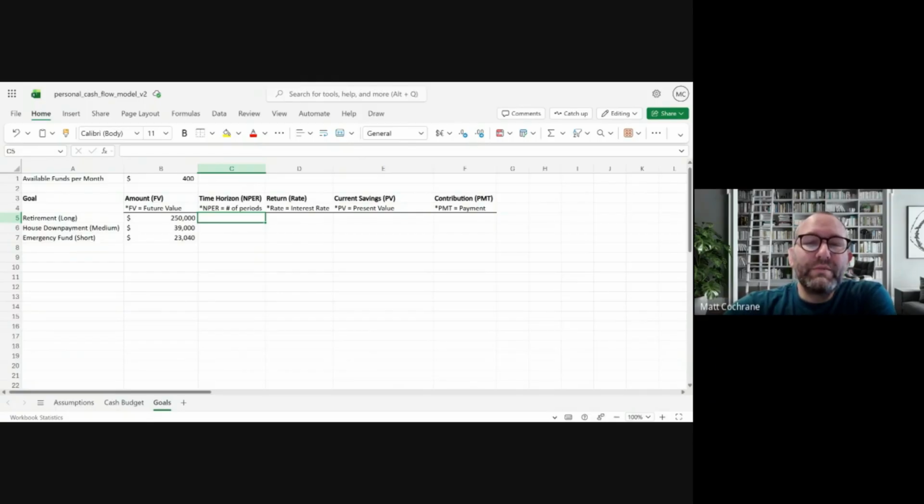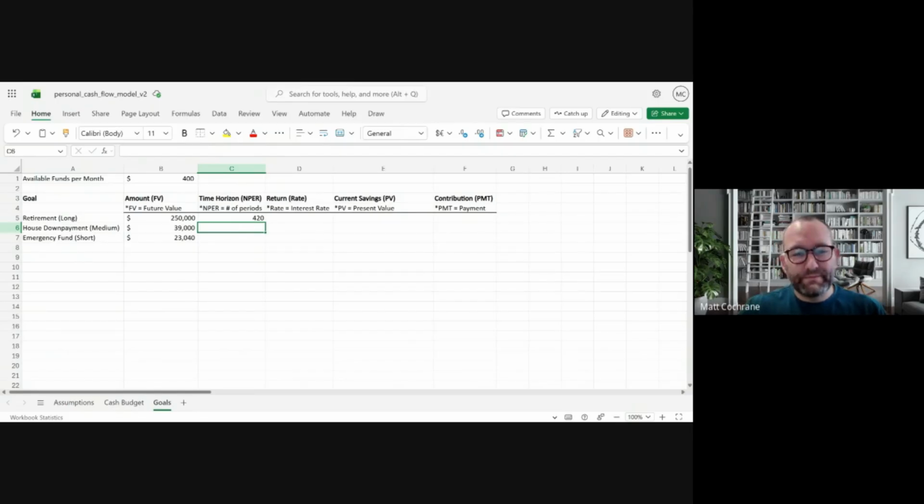So if we assume here that it's a 30-year-old and they want to retire by 65, then that means that we have 35 years. We're trying to calculate this on a monthly basis, okay? So 35 years times 12, that gives us 420 months in order to accomplish this goal, okay?